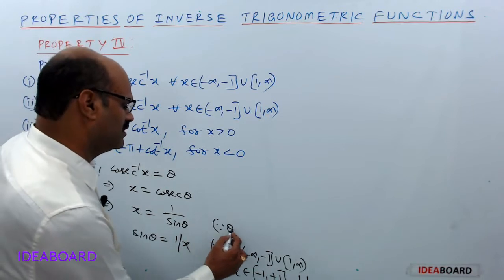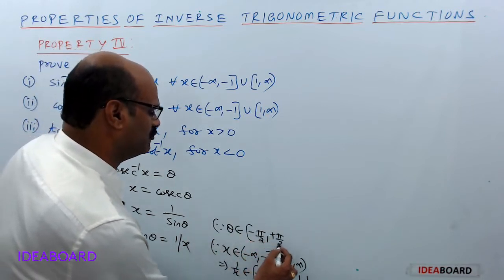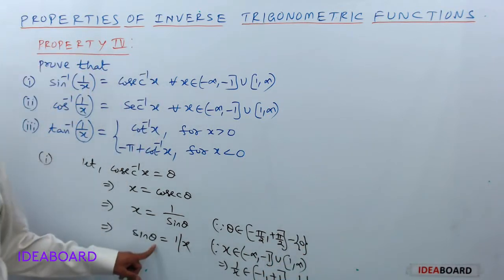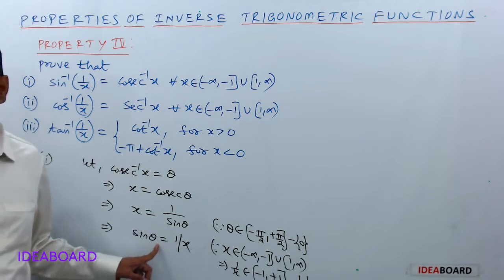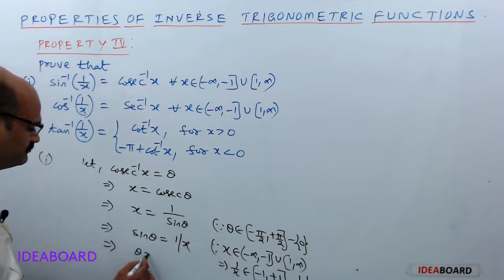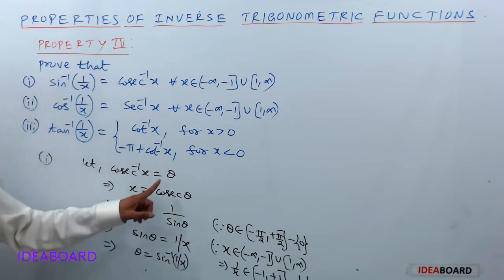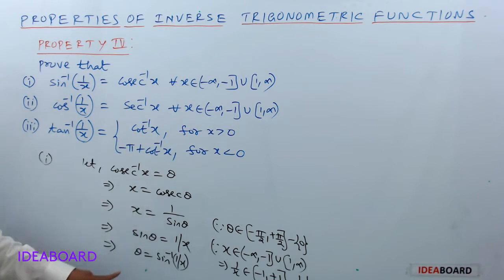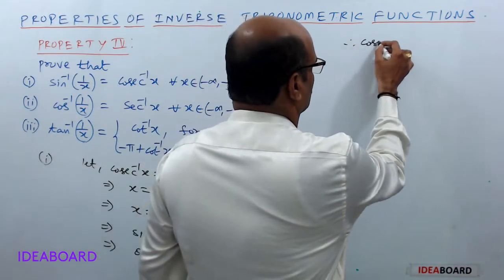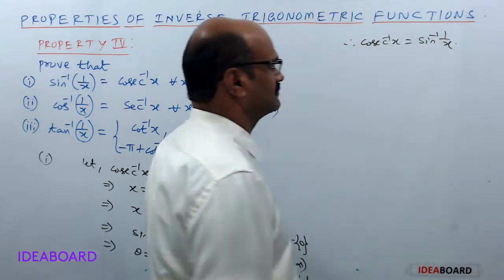Also here theta belongs to minus pi by 2 to plus pi by 2 minus 0. Therefore, now we can write theta equals sin inverse of 1 by x. Therefore, theta, which is cosecant inverse x, equals sin inverse of 1 by x.